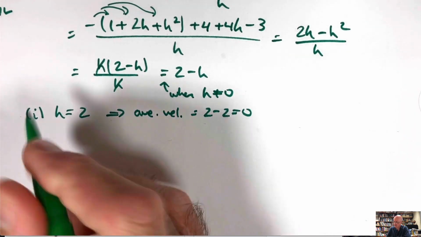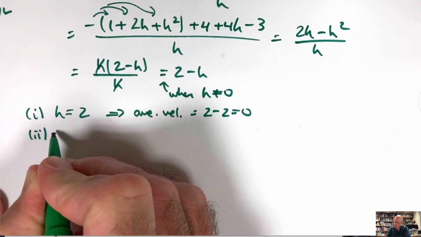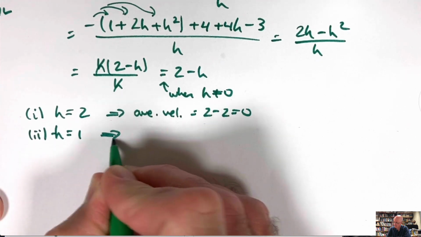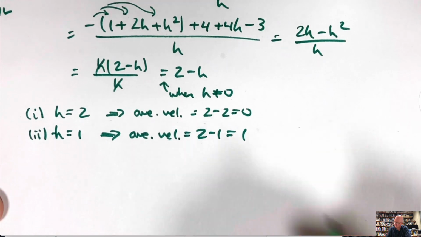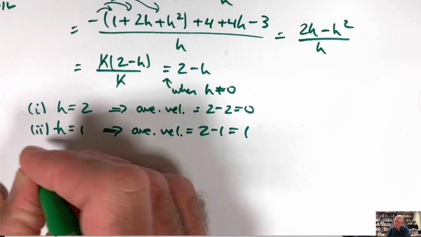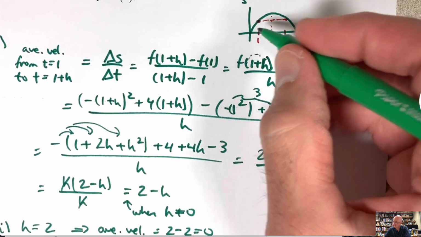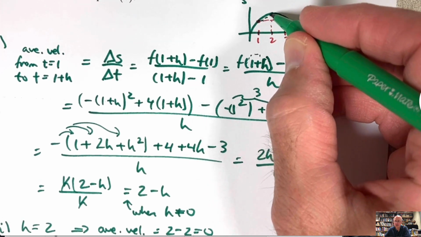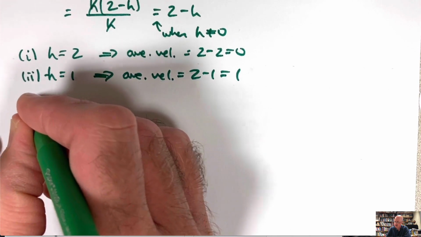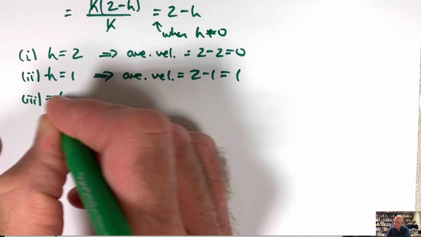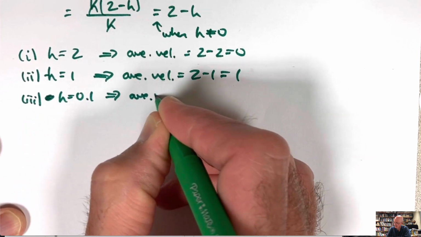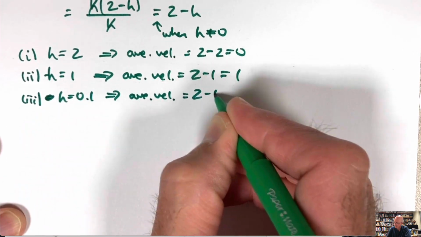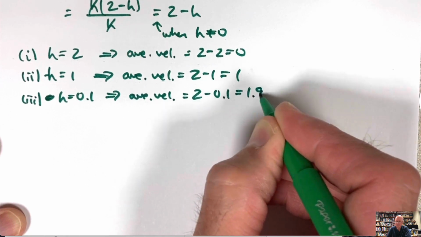When h equals 1, we get an average velocity of 2 minus 1 is 1. Slope of a secant line from here to here is going to be slope of 1. When h equals 0.1, the average velocity is 2 minus 0.1 is 1.9.